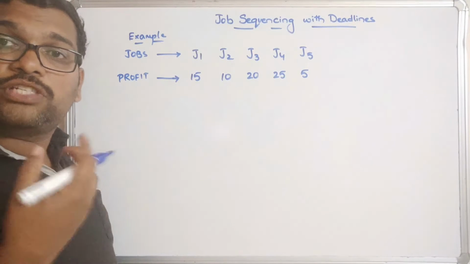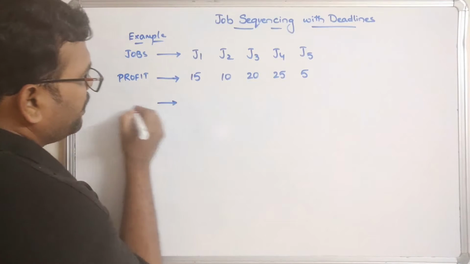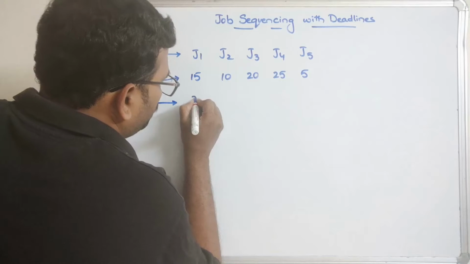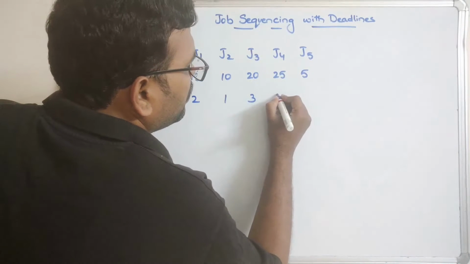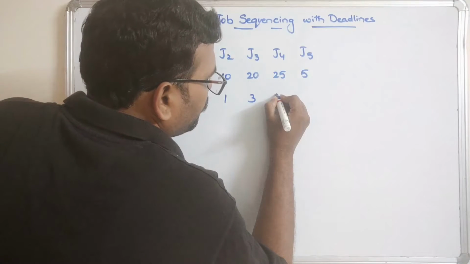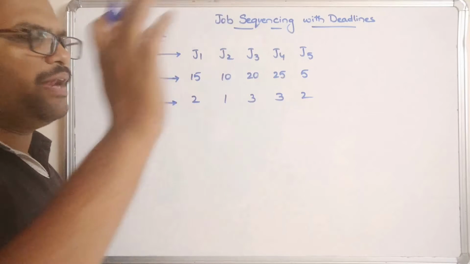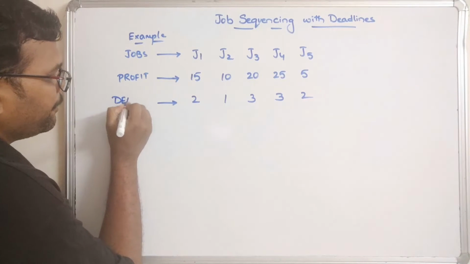And the third one, the most important, is the deadline. Let us take 2, 1, 3, 3, 2. I have taken these randomly. So this is the deadline.